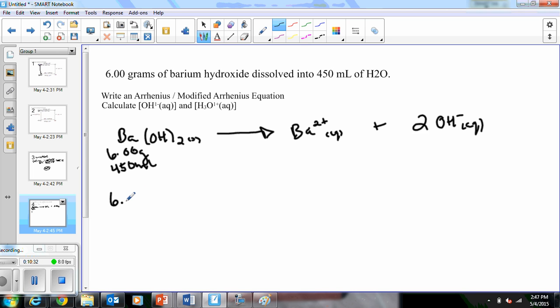So I've got 6 grams of barium hydroxide, and I want to cancel grams by multiplying the molar mass. So we'll have grams of barium hydroxide per mole of barium hydroxide.